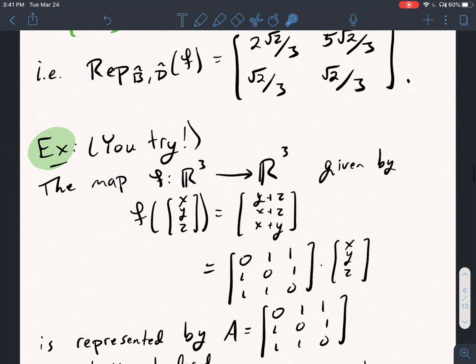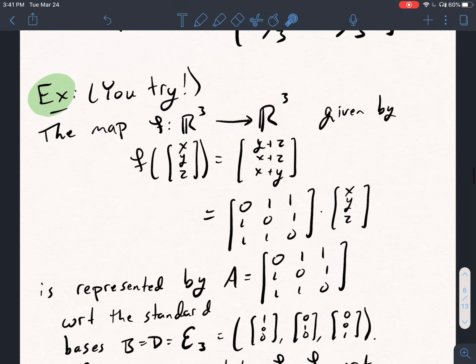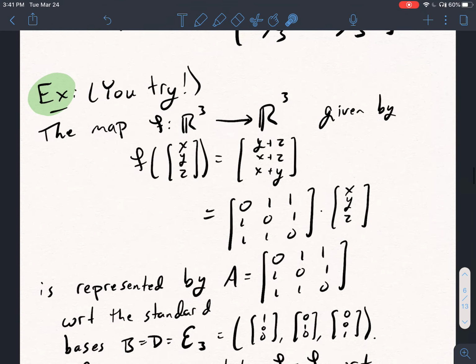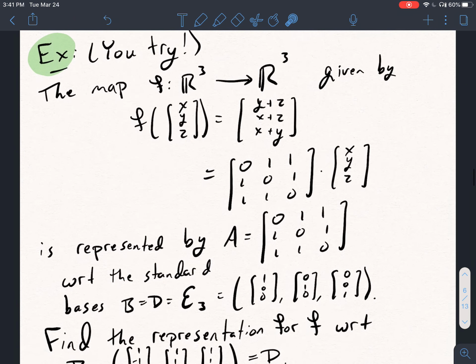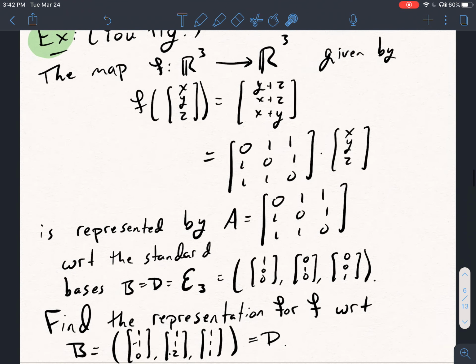So therefore, we can say that this map is represented by A with respect to the standard bases for R3. So what I want you to do is to find the representation for F with respect to this new pair of bases, where the B and D are both going to be equal.